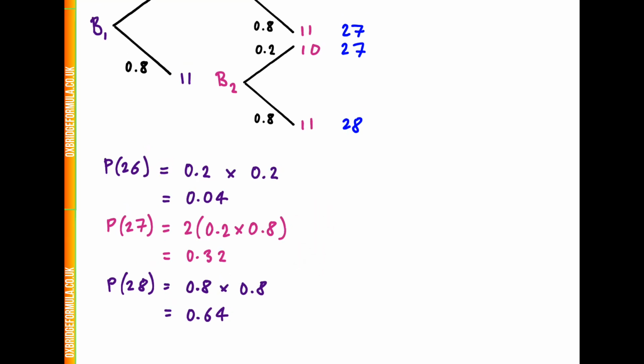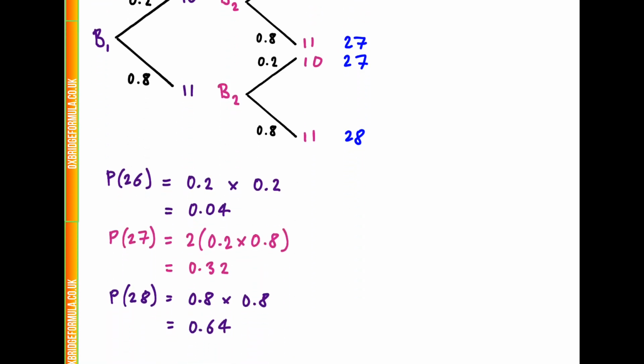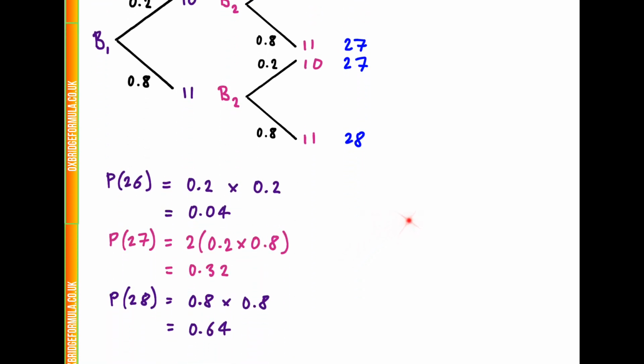But the question asks us for a ratio of the 26, 27, and 28 molecules. So how do we find this? Well, we need to combine these probabilities. So we can see by inspection that if we start with 4 26 molecules, that's going to give 32 27 molecules and 64 28 molecules. That's the relative proportions.